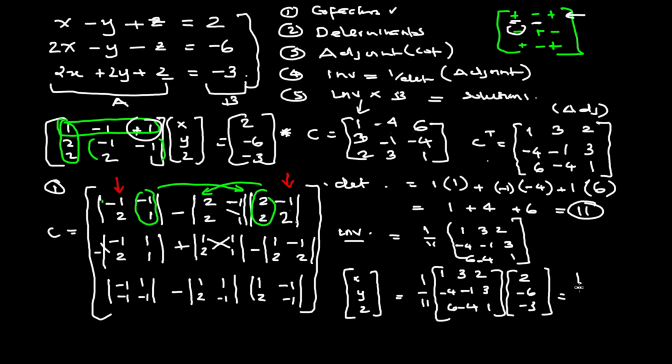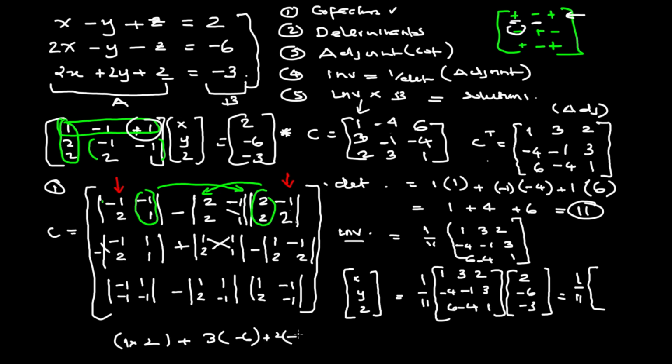We get our first entry. So just to show us here what we did. I said 1 times 2, then plus 3, 3 times minus 6, plus 2.